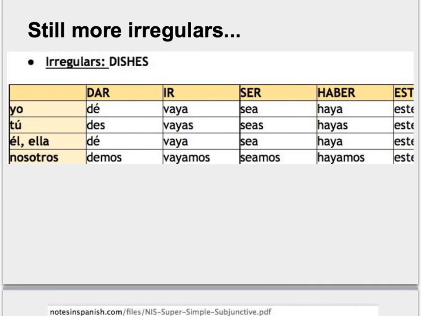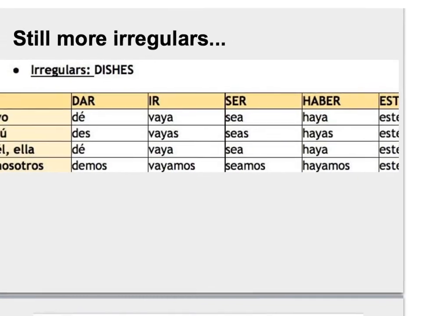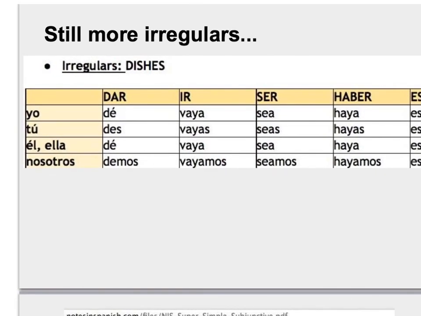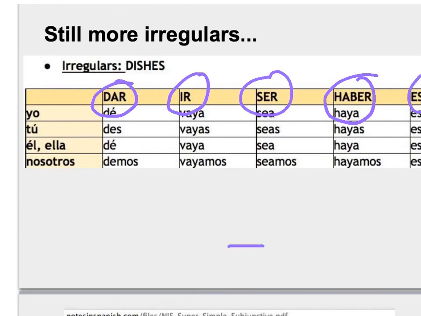These are verbs that you just have to memorize: dar, estar, ir, ser, haber. And those are irregular in the subjunctive, verbs that you just have to memorize. So take a look at that on your sheet, on your notes, and use it on the practice.